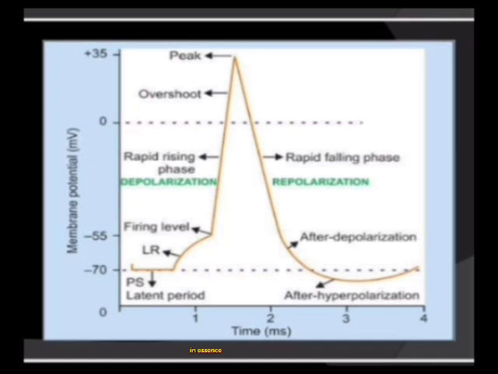That is why the graph goes below the minus 70 millivolt mark, and this stage is known as hyperpolarization. It means there is excess negativity inside the cell than positivity outside the cell.